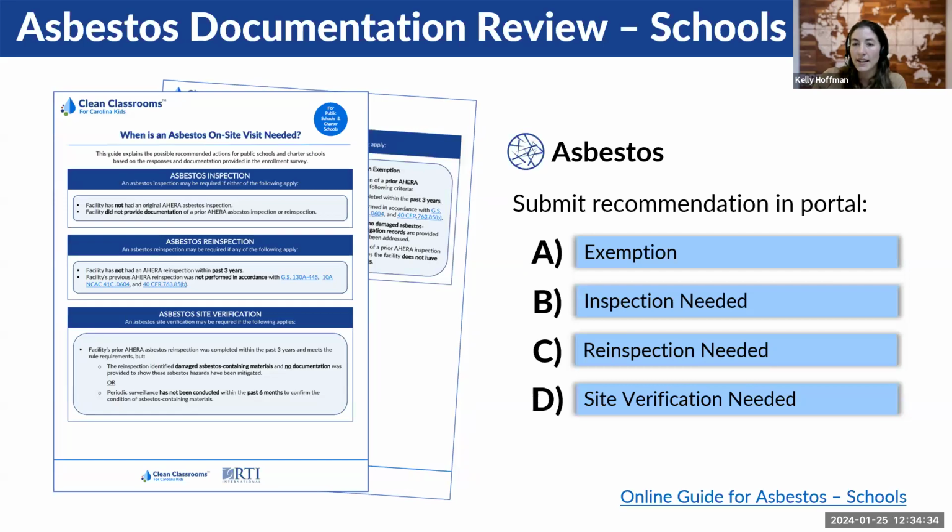And we do have guidelines available in the portal that detail all of the requirements that must be met for an exemption and when a facility would need each of the different on-site visit types. If the information or documentation needed to make a recommendation is incomplete, then we do expect that you contact the facility to obtain the additional information or documentation needed for upload into the portal.